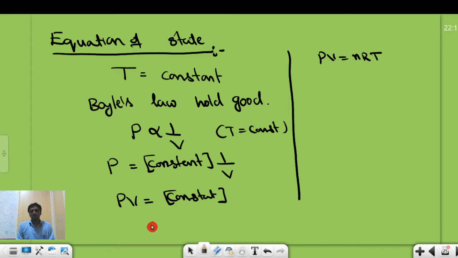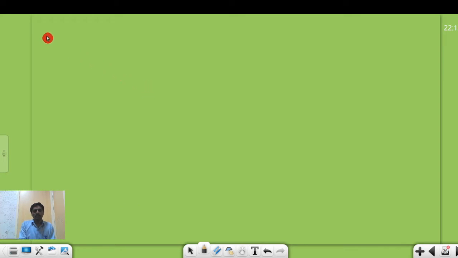So this constant is equal to nRT, and for 1 mole of gas, where n is equal to 1 mole, the value is equal to RT. This is the equation of state, where Boyle's law holds good, and we also take the value of the constant. Now let me go to the graphs for the isothermal process.